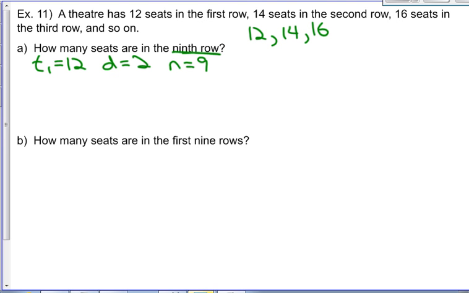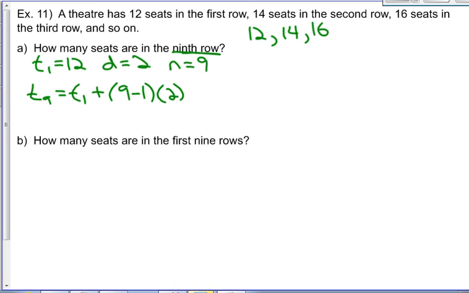The only question here is, are we looking for a term or are we looking for a sum? How many seats are in the ninth row? That's a term in the sequence. It's just one of the numbers. So we're looking for T9, which is T1 plus (n minus 1), so 9 minus 1, times the common difference of 2.